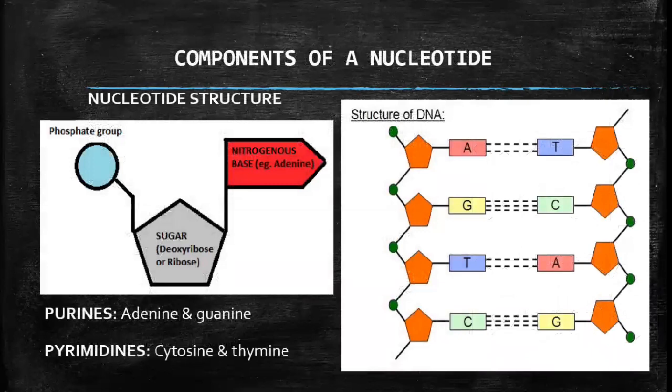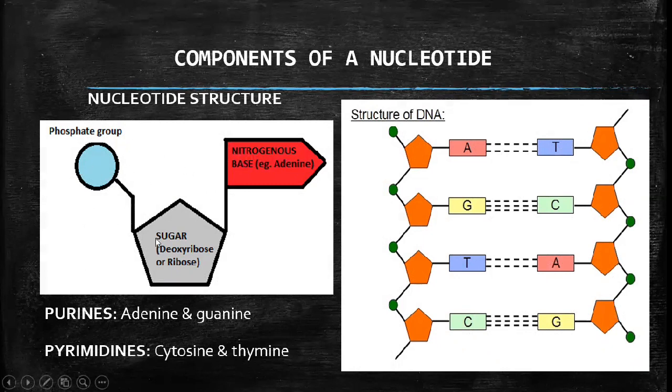Now, let us look at the components of a nucleotide. Looking at the structure of a nucleotide, a nucleotide is not only found in DNA, it's also found in RNA. A nucleotide is this structure here on the left of your screen.